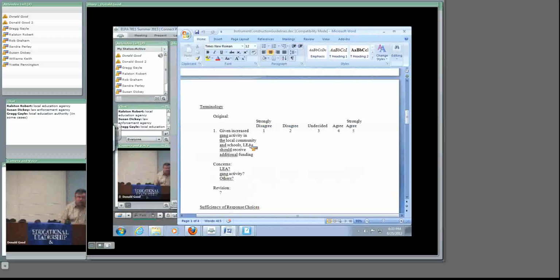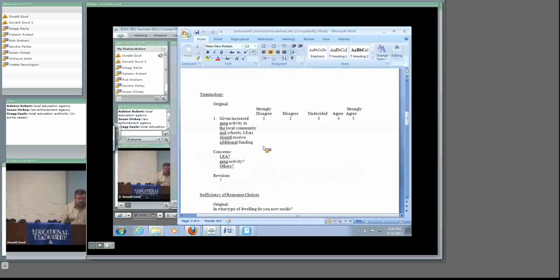If it means law enforcement agency, say law enforcement agency. So make sure terms are defined, especially with abbreviations and acronyms, because sometimes the same letter code could mean two different things, each of which might work. So, for example, if I thought, I want to increase the local education agency's funding, but I wouldn't want to increase the law enforcement agency's funding, I don't have a way to answer that because I don't know what they're asking.